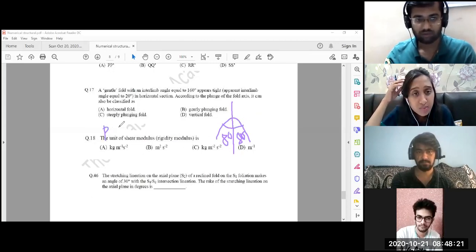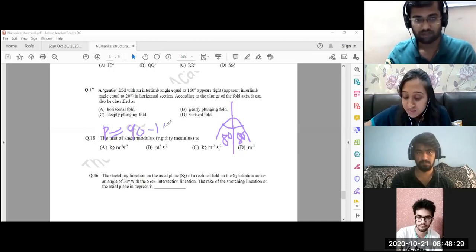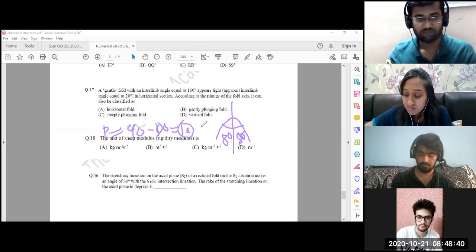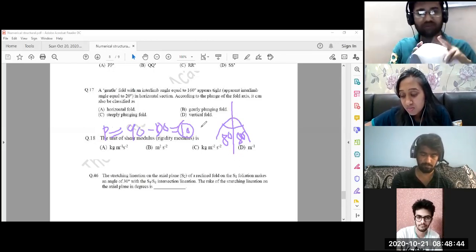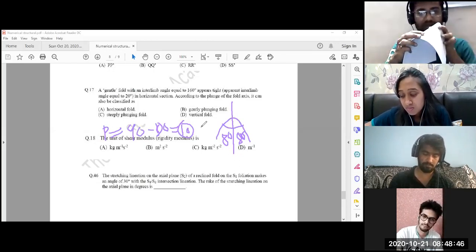Again your formula for plunge. Plunge is equal to 90 minus dip, 90 minus 80, so a 10-degree plunge. A 10-degree plunge means gently plunging, only 10 degree.